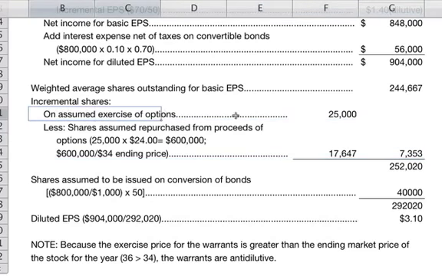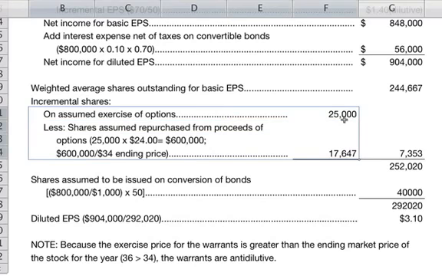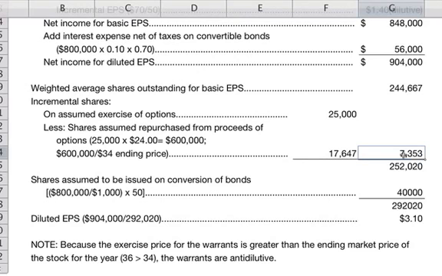If you take that away from the options number of shares of 25,000, that leaves you 7,353. Those are the incremental shares. Add that to 244,667. That gives you 252,020.